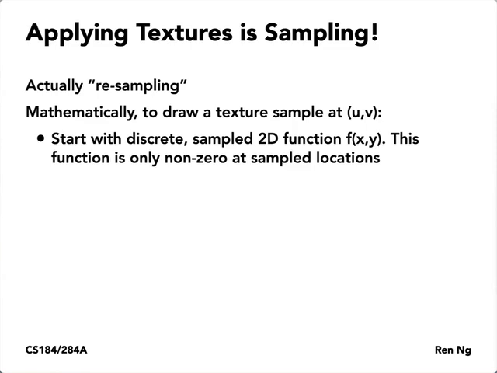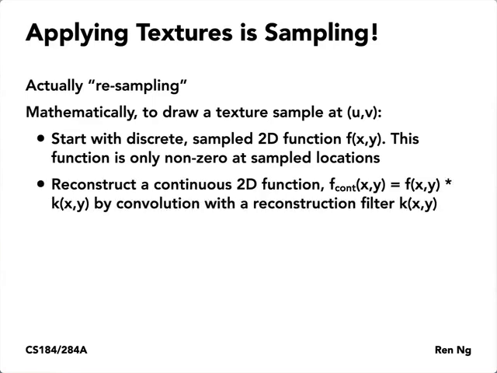Mathematically, you can think of this as not defined, or zero, everywhere else that's not on those grid locations. To sample it at a general UV coordinate that might be at a continuous position, we first have to reconstruct a continuous function.